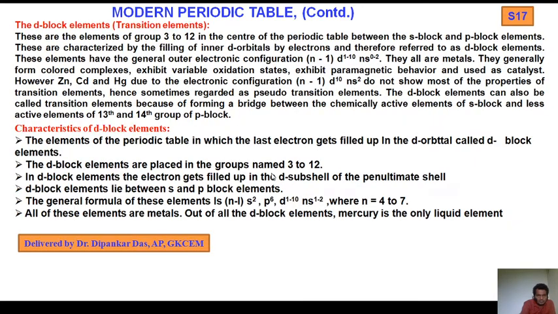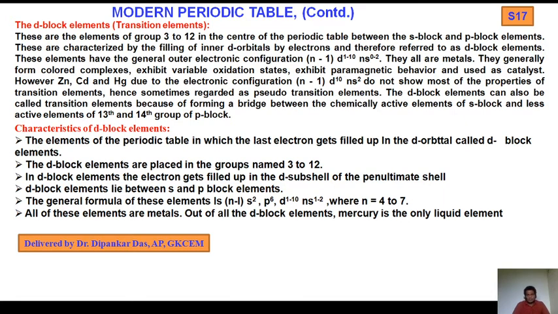Next, move on to d block elements, which are also known as transition elements. These are the elements of group 3 to 12. Group 3 to 12 in the center of the periodic table between the s block and p block elements. As I told you during the discussion of the modern periodic table, it consists of 18 vertical columns.